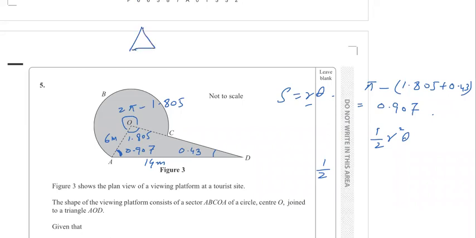If a triangle has sides a and b with angle theta between them, the area is 1/2 ab sine theta, so I use this formula here.